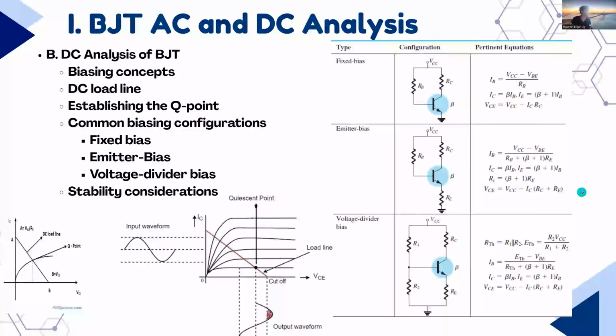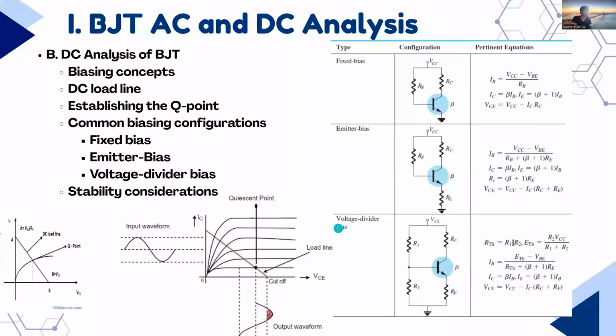Next, we will talk about the DC analysis of BJT. DC analysis focuses on establishing the transistor operating conditions before an AC signal is applied. Biasing is the process of setting fixed DC voltages and currents at the transistor junctions.